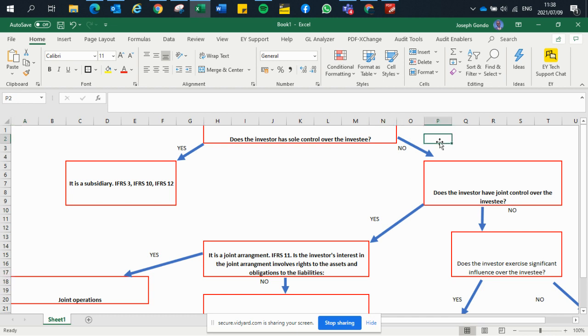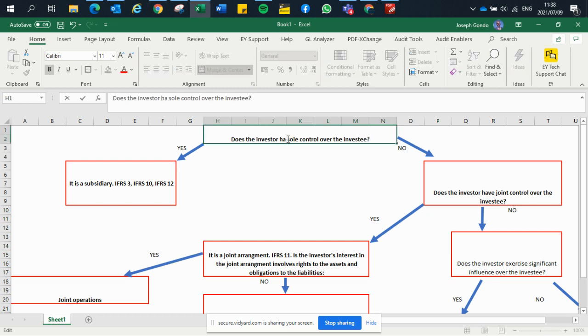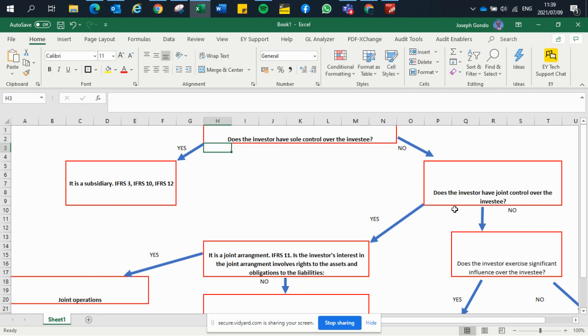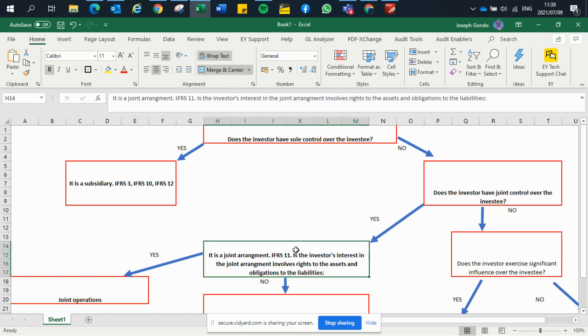If the answer is no, then we ask ourselves another question: does the investor have joint control over the investee? If the answer is yes, then we have a joint arrangement, which is in terms of IFRS 11.